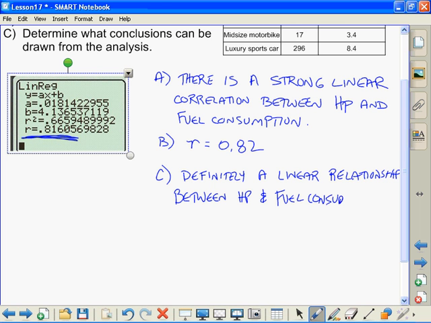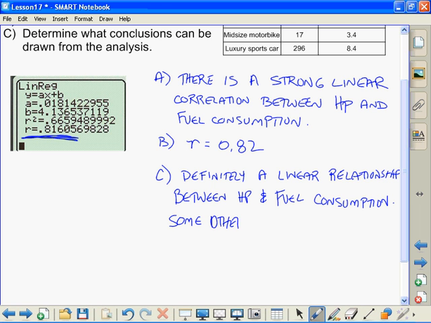Now, if it was a perfect relationship, we'd be getting into the 90s, but we're only into low 80s, so it's not perfect. So that means that there may be some other minor factors. So some other factors that may account.